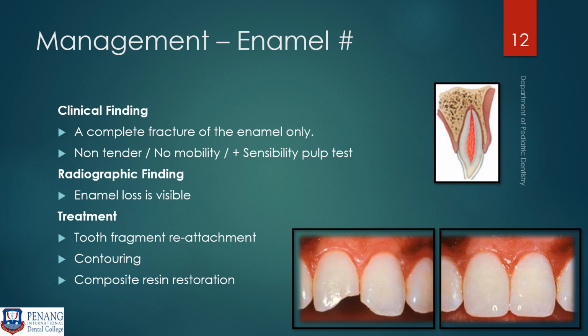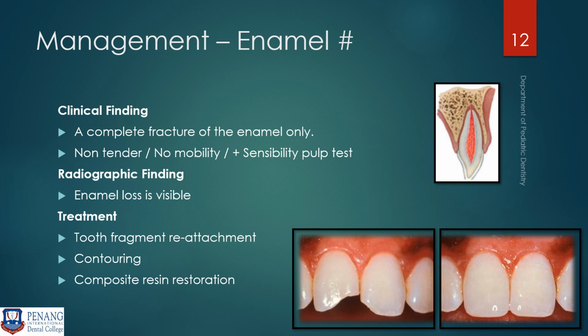In this case, depending on how much enamel is fractured, you can do something called tooth fragment reattachment, where the fractured fragment of the tooth can be put back into the fractured area, and we can use our flowable composite to set the fragment on the tooth just like the original one.